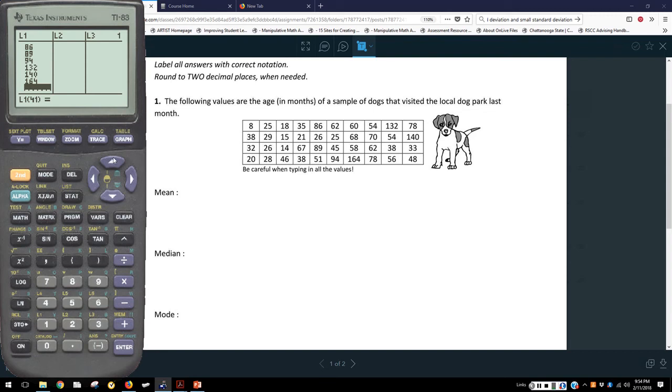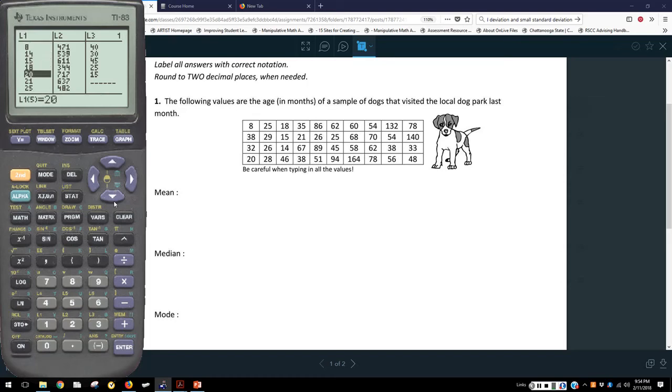In order to find the modal dog's age, or the mode, what we'll have to do is go back through the list and count any dogs that showed up of the same age more than once.